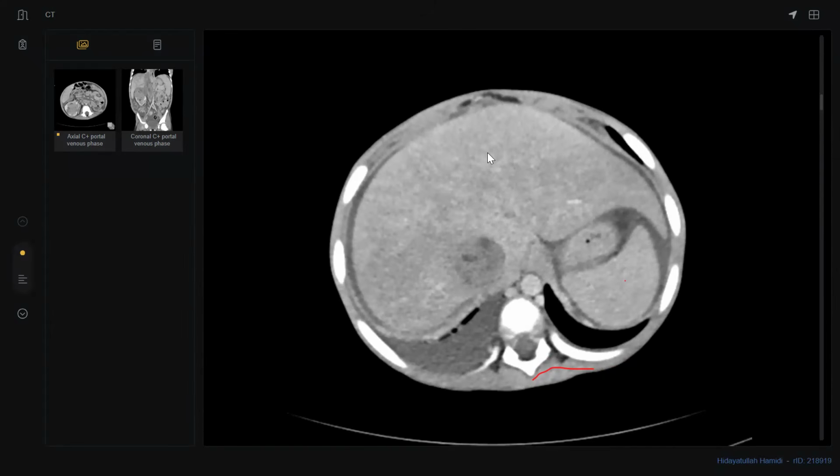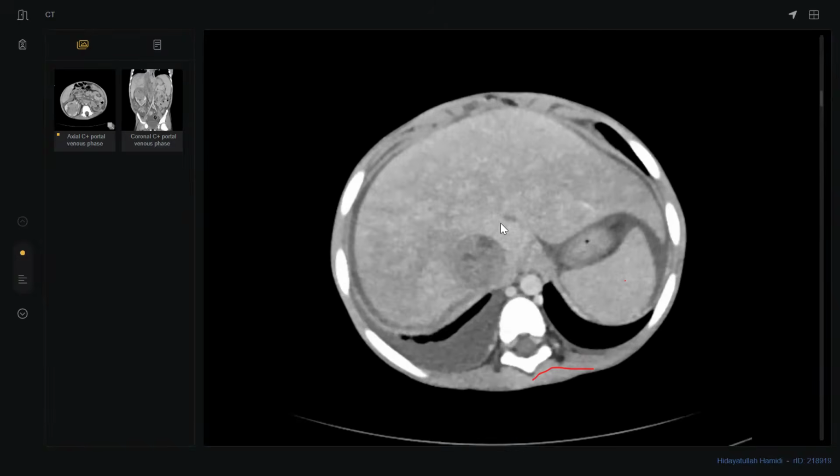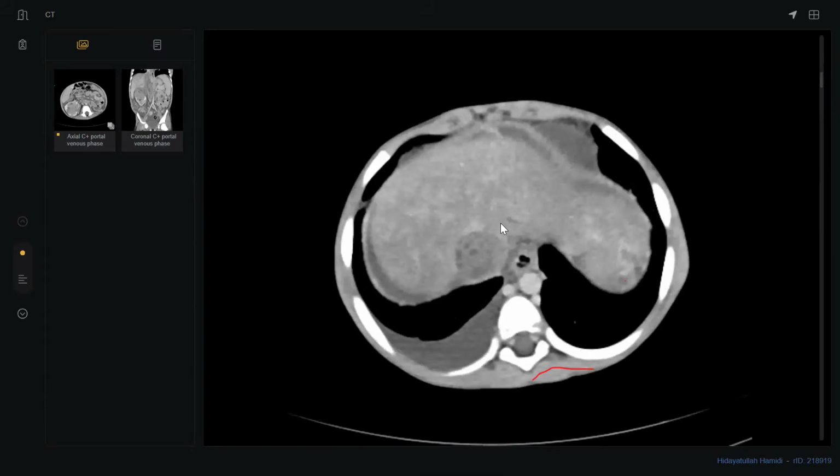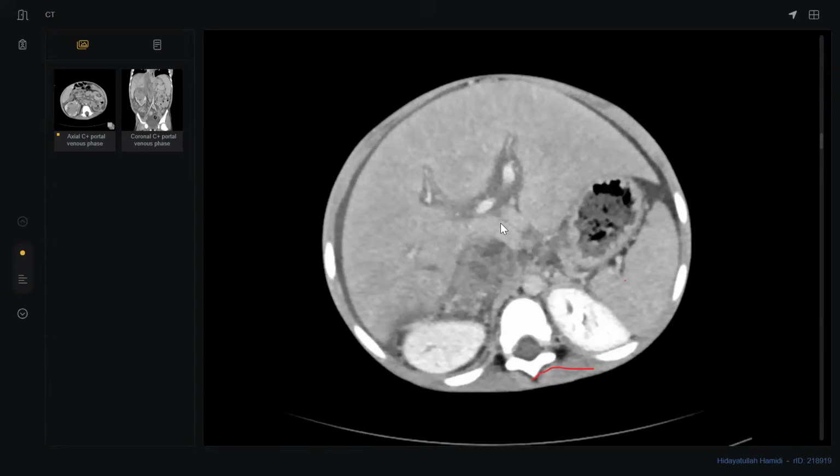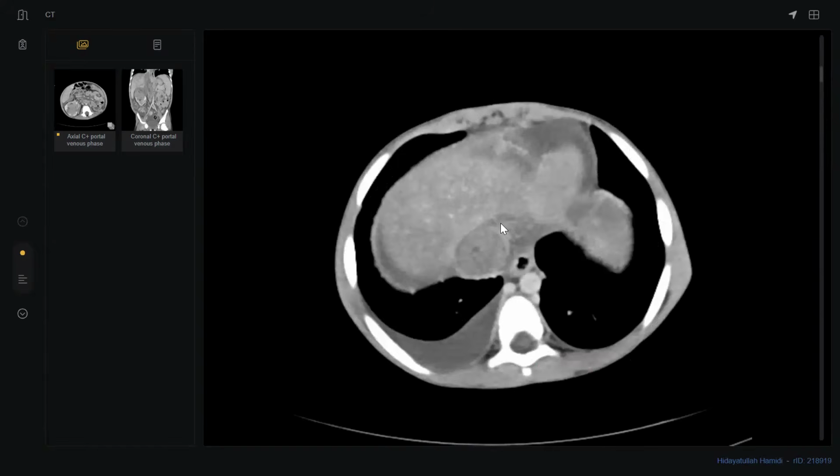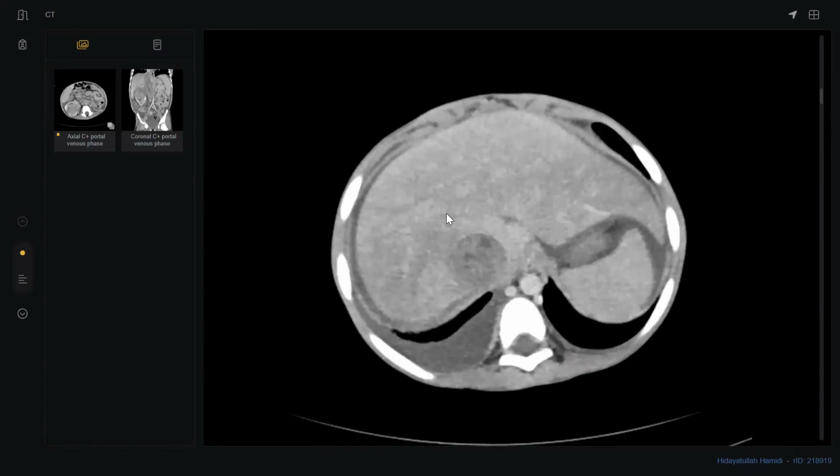Nutmeg liver appearance, secondary Budd-Chiari syndrome, due to IVC thrombosis, hepatic venous outflow obstruction leading to this appearance. This is Budd-Chiari. Whatever the cause, this appearance is Budd-Chiari.